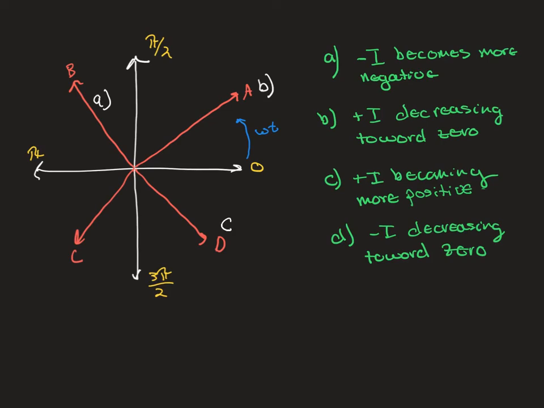So this here is going to be C. For our last one, since we've already matched them up, we know it's going to be over here. But to explain why this is the answer, we're negative. So once again, negative is on this side. And we're moving towards 0. So we're going from pi, which is -1, to 3/2 pi, which is 0. So we're negative and we're moving towards 0.